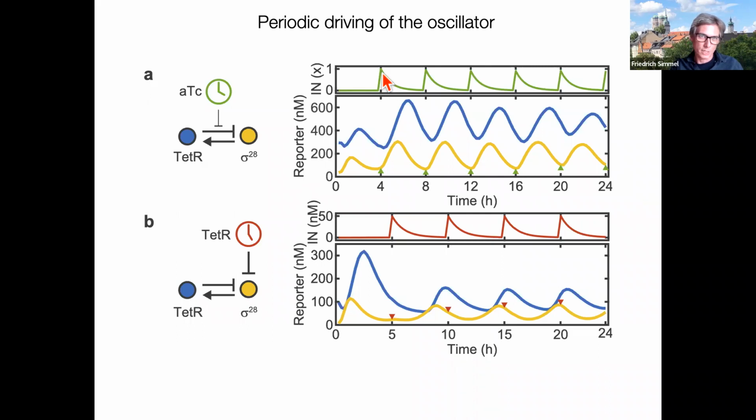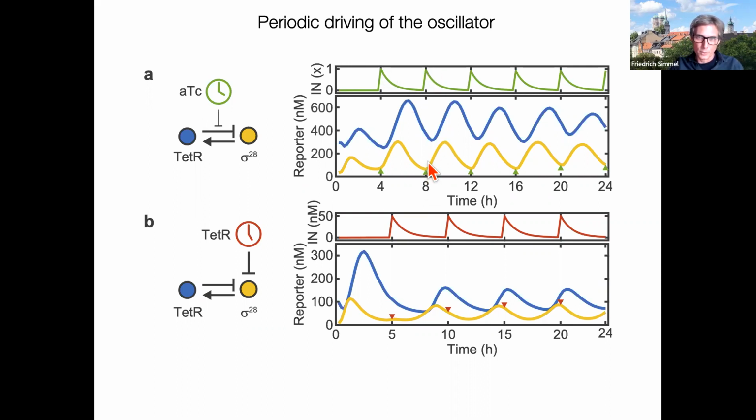So every time, we now kick this biochemical oscillator at regular intervals. And this is indicated here. So here we add the ATC, and this decay now is governed by the dilution. So it's an exponential decay over some time, then we kick it again.